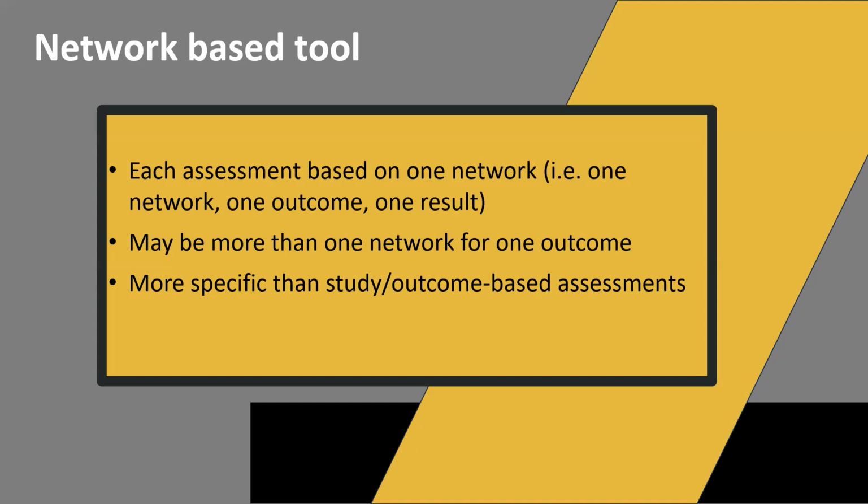So our tool is not applied at the study level or at the outcome level, but to one single specific network with a very specific numerical result. Different networks will often, but not always, correspond to different outcomes addressed in the systematic review, and multiple NMAs can be reported for the same outcome.